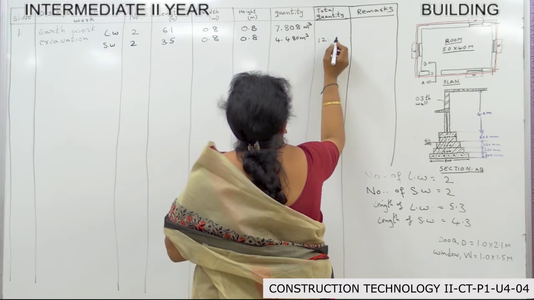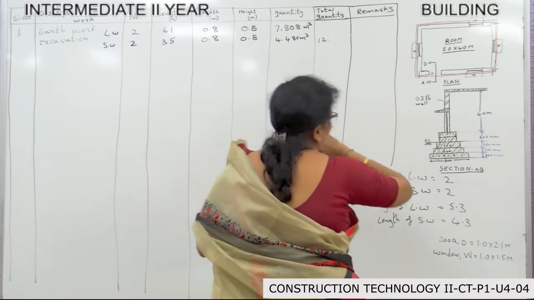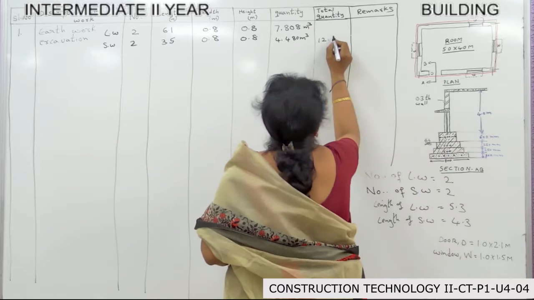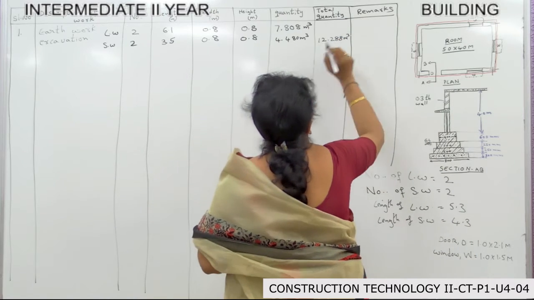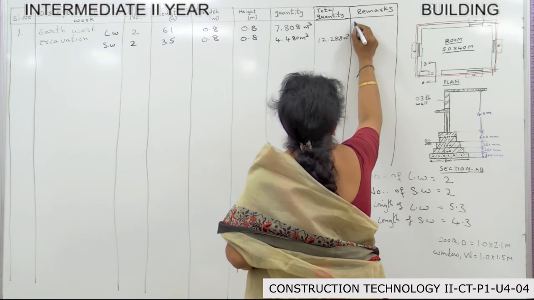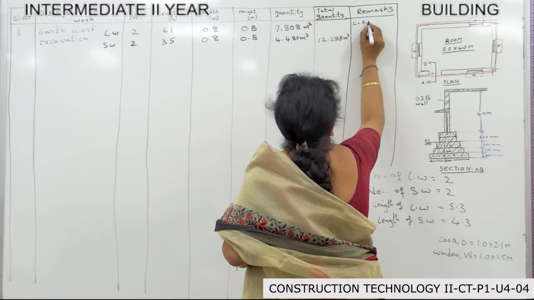When you add both, you will get 12.288 cubic meter.